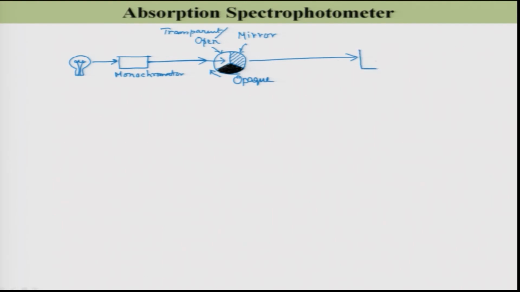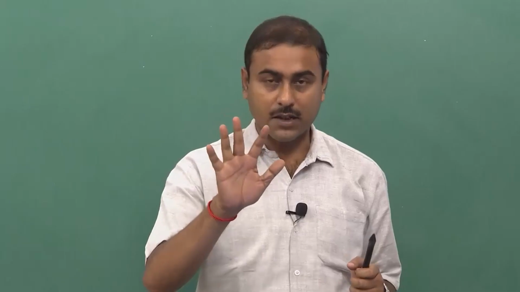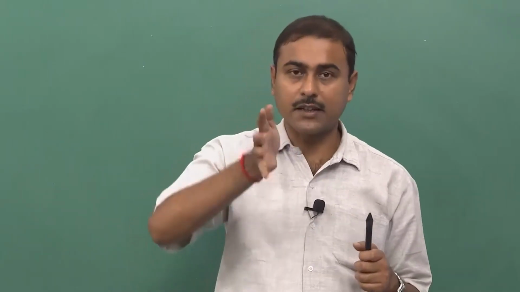And now, here I have my sample, right, and then it will pass through the sample. However, whenever this incoming light from the monochromator encounters the mirror part, because this is a mirror system, right, this is a circular device. So, it is rotating this way.